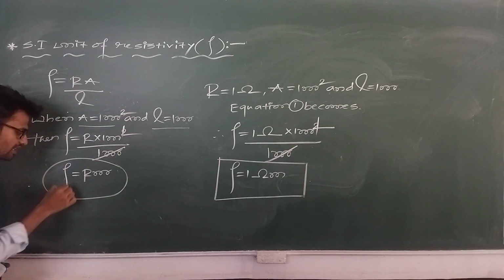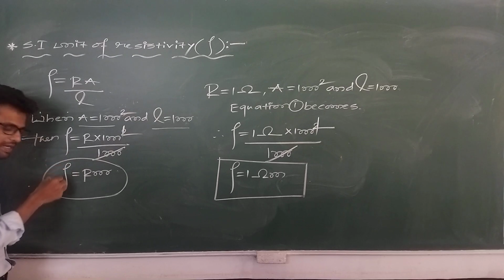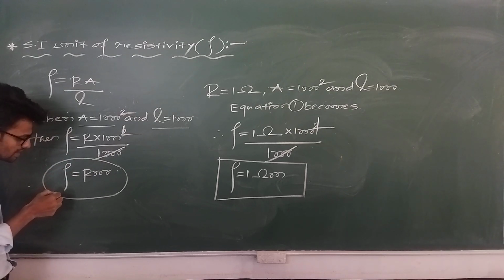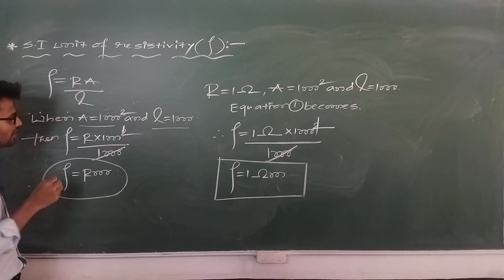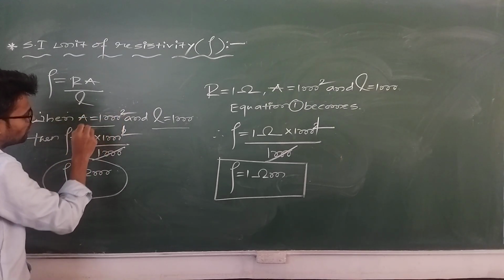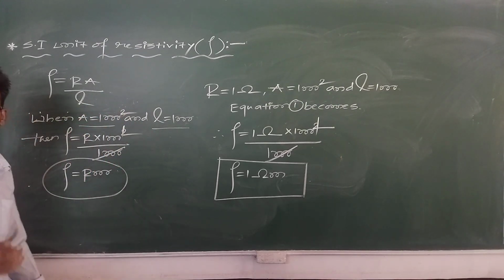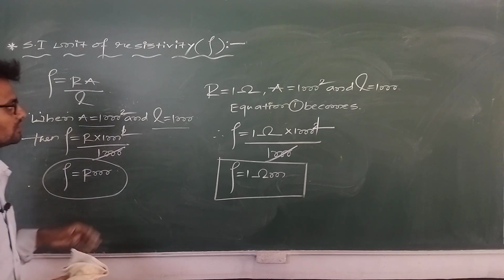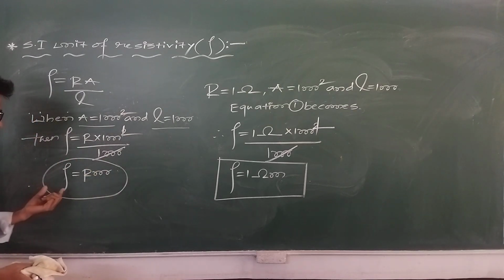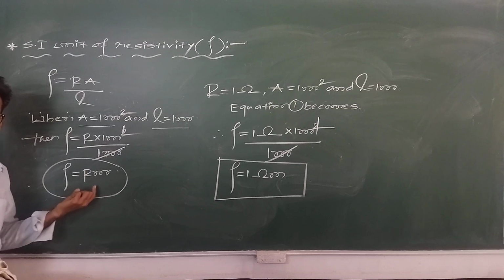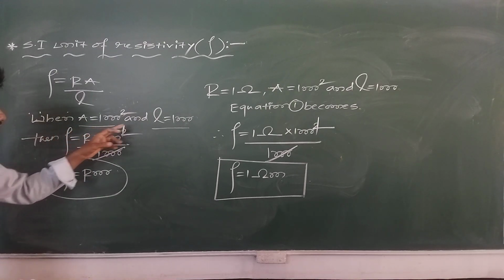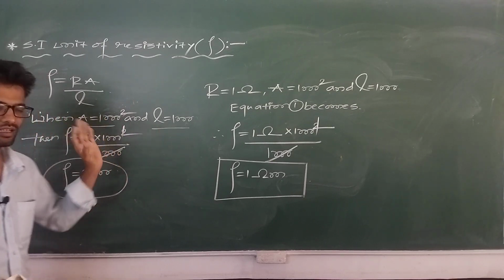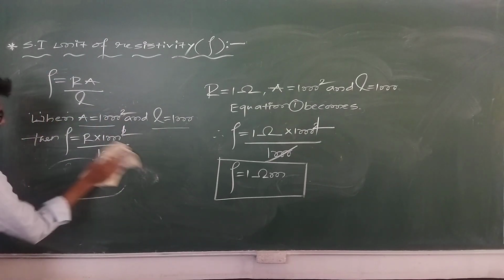So remember that rho equals resistance into meter when the area is 1 meter square and the length is 1 meter. These things you remember.